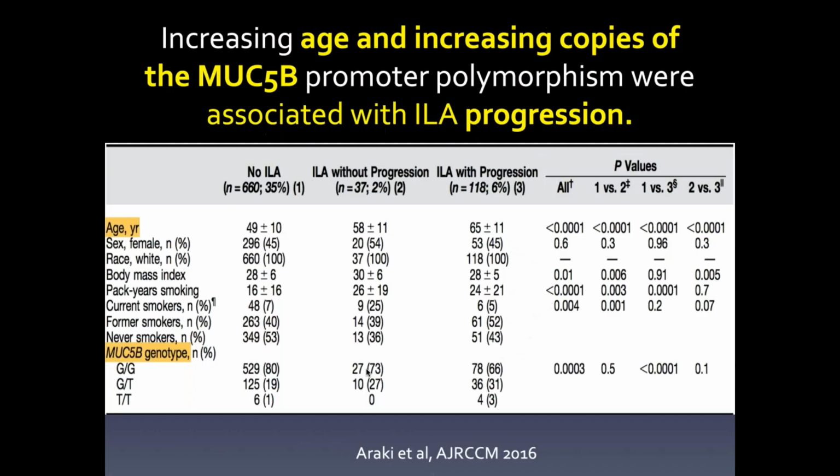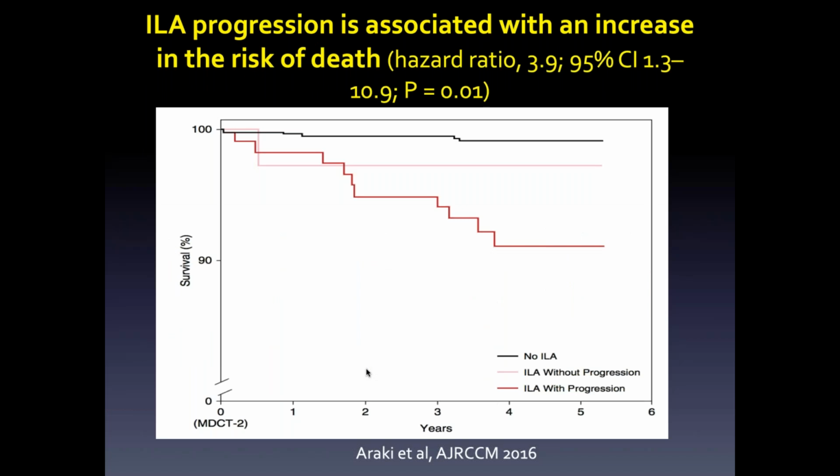We know that MUC5B promoter polymorphism is associated not only to the fibrotic subset of ILA, but also to the progression or decline of lung function in these subjects. So this is another element indicating an association between a subset of subjects with ILA and idiopathic pulmonary fibrosis.